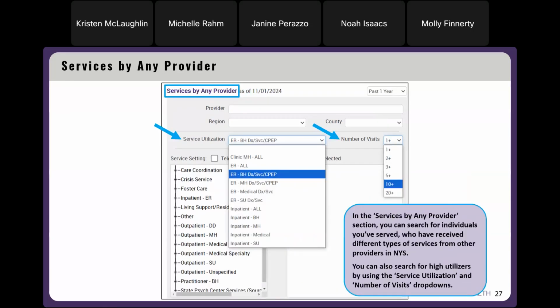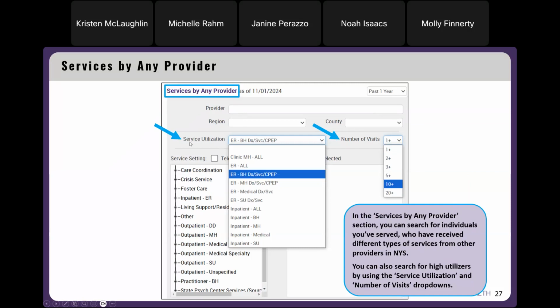And then we have the ability to do searches either by a specific provider. So if I'm logged in as Main Street Hospital, I could run searches based on the services that I'm providing underneath my organization, or I could run a search for services by any provider in the state. And I could focus that in on a specific region or county. I could focus that in on a particular provider.